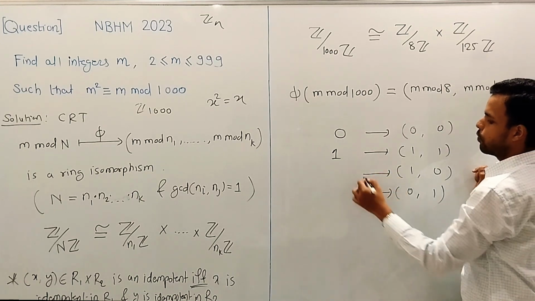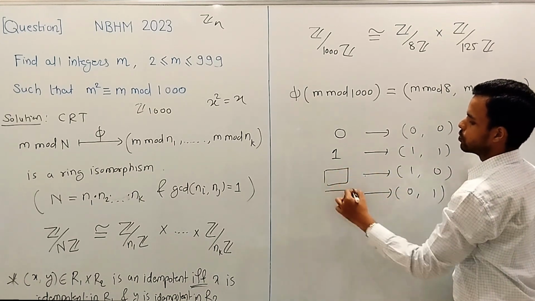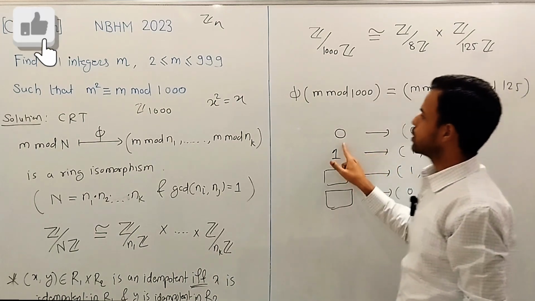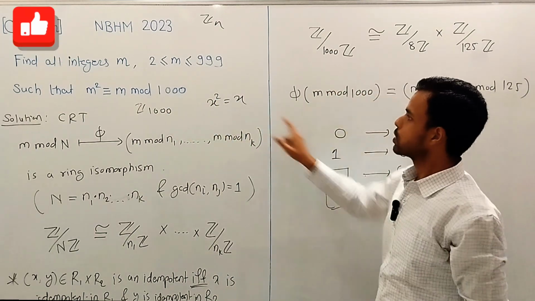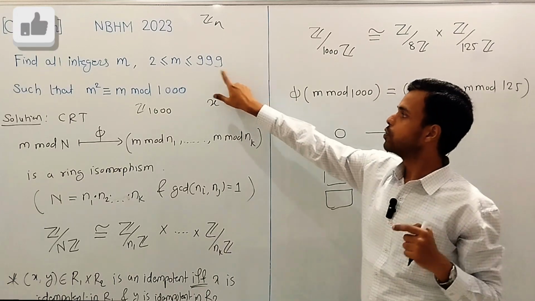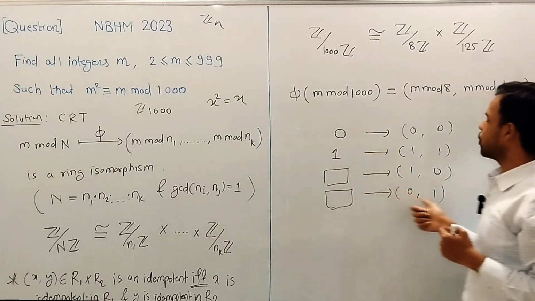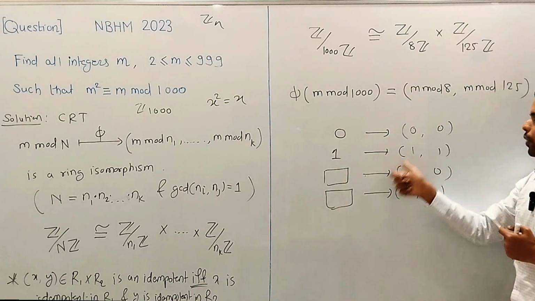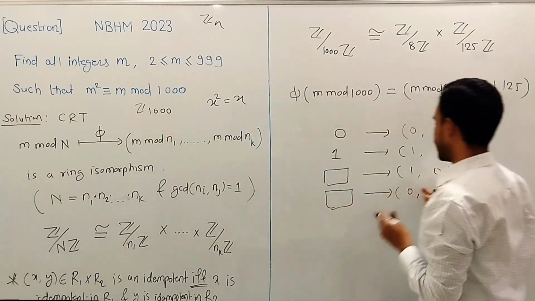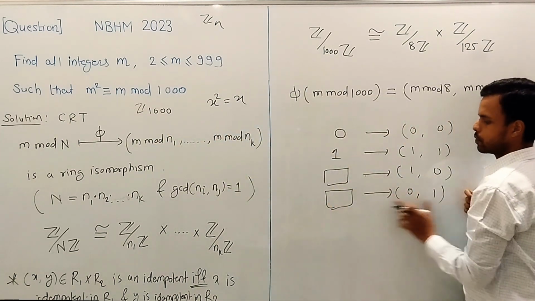So we just have to find the pre-images of these two. Clearly we cannot consider 0 and 1 because m ranges over 2 ≤ m ≤ 999. So we have to find the non-trivial idempotents in this Z1000, so we have to find the pre-images of these two.